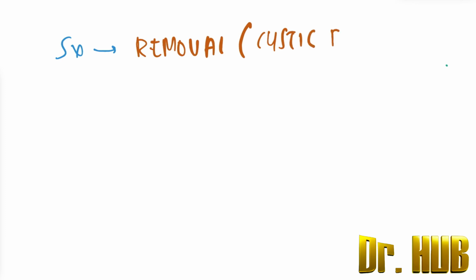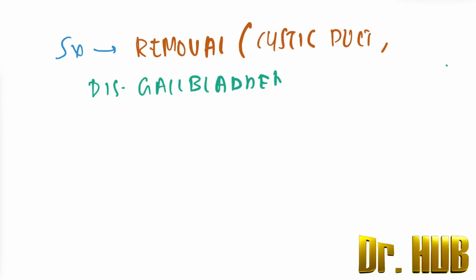Next is the surgery. So what does the surgery contain? The surgery contains the removal of the cystic duct, and also the diseased gallbladder, and also the impacted stone.